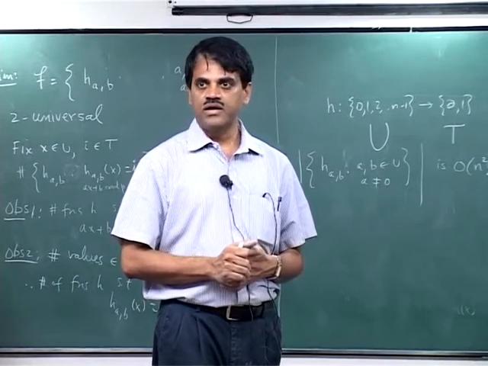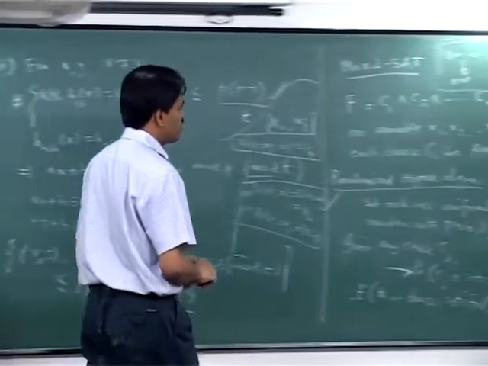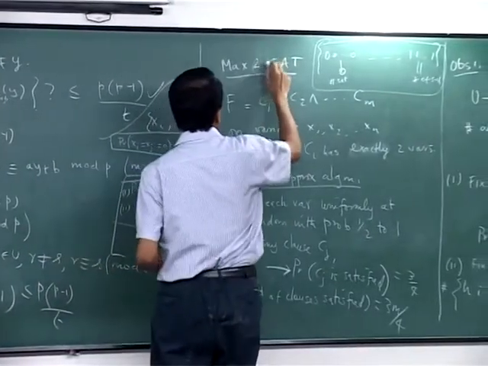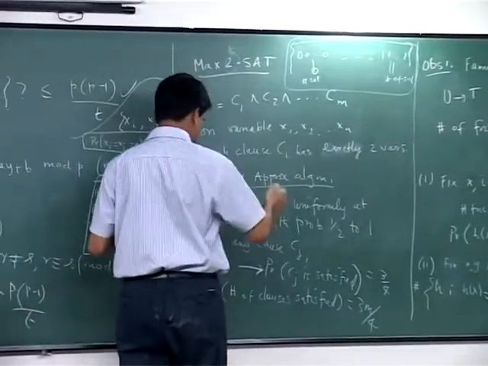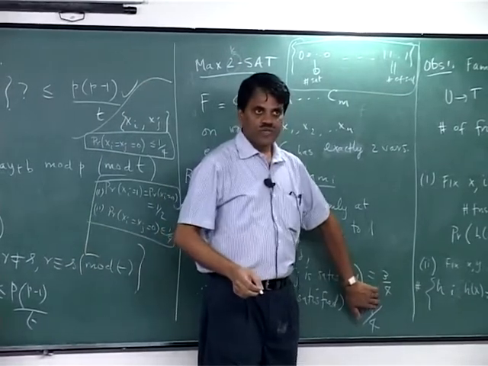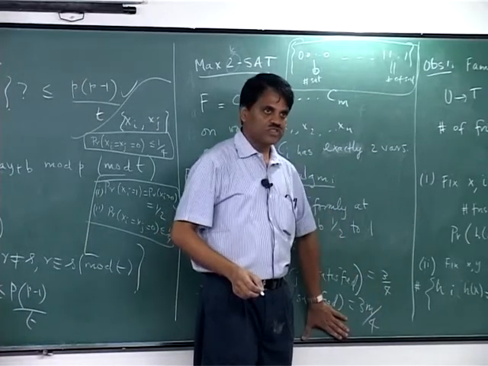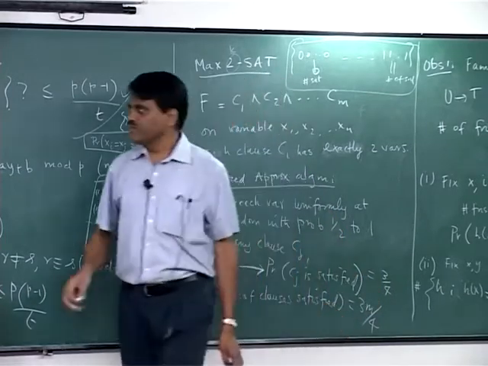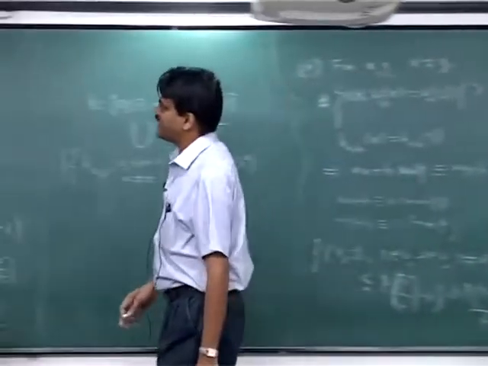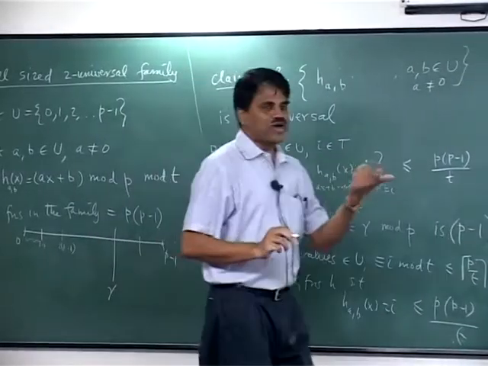Is that clear? So now this whole argument can be extended to k-SAT. If instead of 2-SAT you had k-SAT, then you have a different kind of probability here, 1 minus 1 by 2 power k or something, for that many clauses. Now you need what is called k-universal, because you need k-wise independence.